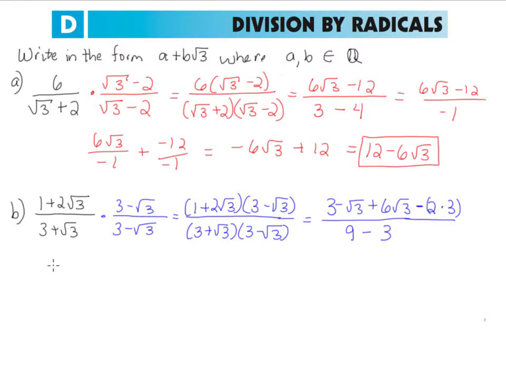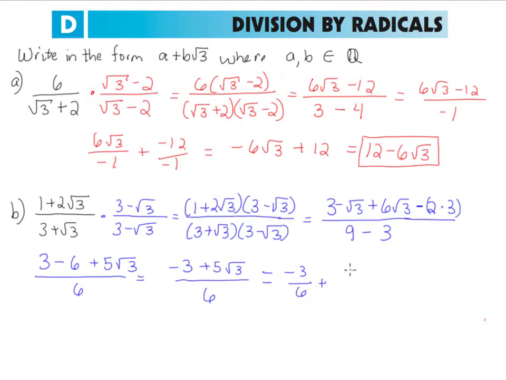Let's combine like terms on the top. We have 3 minus 6, and we have a negative square root of 3 and a positive 6 the square root of 3, so that's going to be 5 the square root of 3. Results in negative 3 plus 5 the square root of 3 over 6. Now we need to write in the form a plus b the square root of 3. So let's break up the fraction.